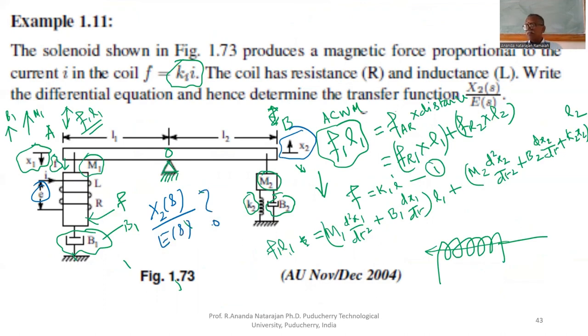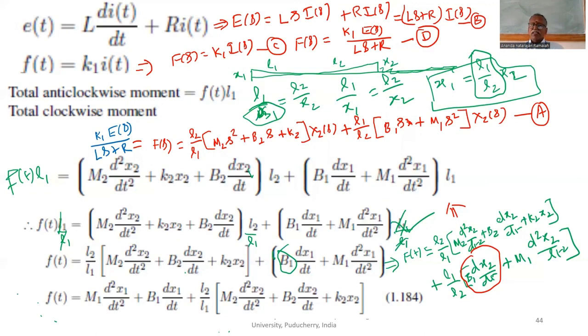The transfer function model we have to find. So here, x2 of s is available on the right hand side, E of s is available on the left hand side. What we have to find? Output by input. Therefore, x2 of s upon E of s equal to, this will come down.